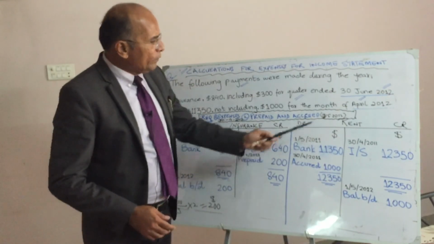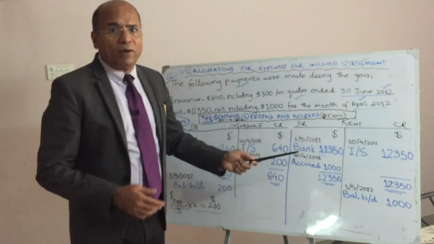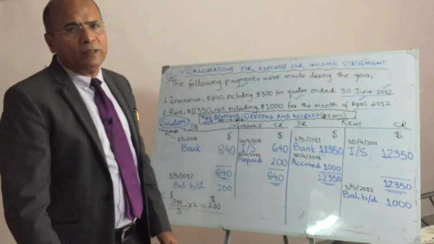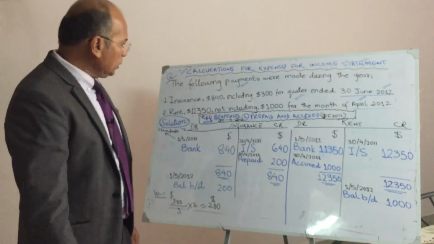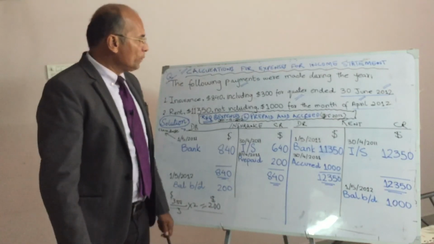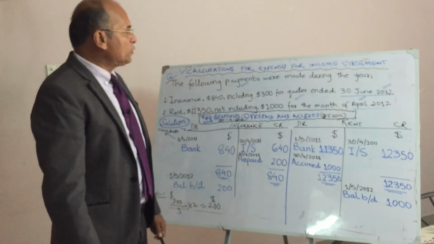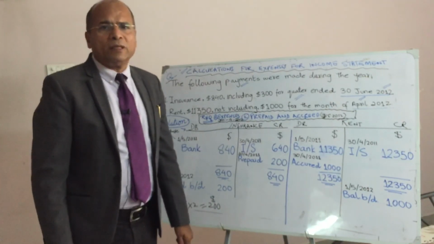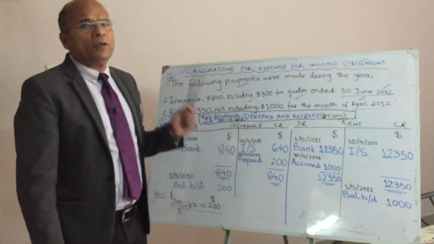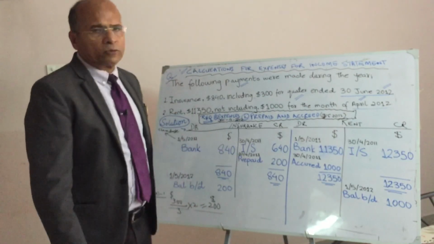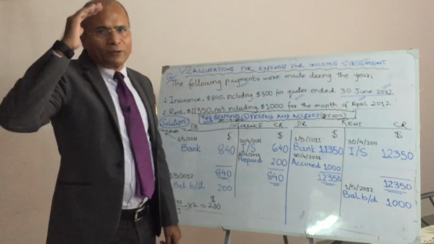I have recorded expenses in both the accounts. I have calculated expenses, I should say, in both the accounts. So this was a strategy by which we calculate the expense accounts. I mean, we take the help from our T accounts. Thank you very much. God bless you. Assalamu alaikum.